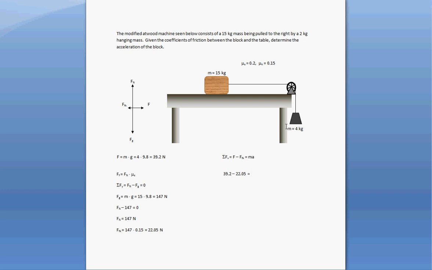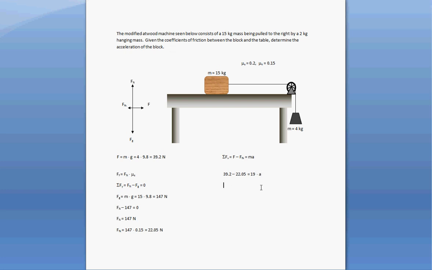So the question comes, which mass do you choose, the block or the hanging mass? Well, it's the entire system that is accelerating. So because the entire system is accelerating, you need to use the mass of the entire system. So that's 15 plus 4. So that's the mass of 19 kilograms times the acceleration.